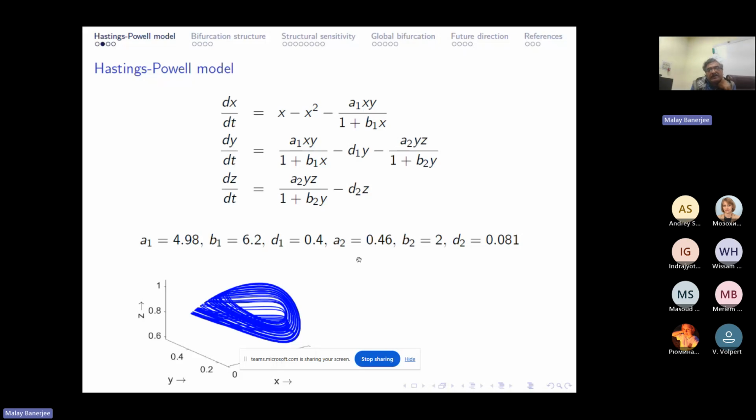The parameter set is close to the one used in the paper by Gastings and Powell, but precisely it is taken from a paper by Yorgis, and they have shown that if you start from a specific initial point in the interior of the first quadrant, then after some initial transients, the trajectory will converge to this chaotic attractor.